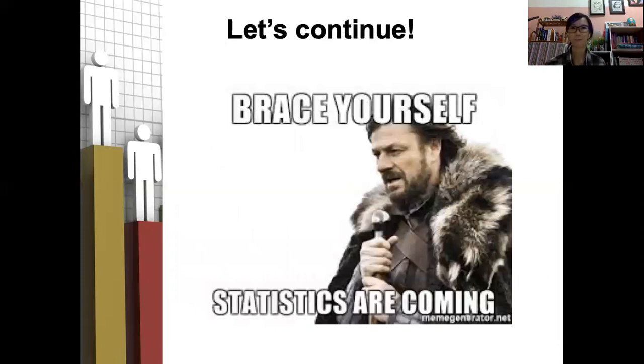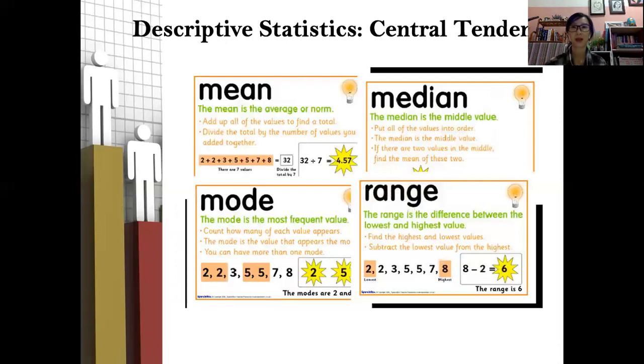Let's continue then. In this book, you have quite a lot of basic concepts, but of course, not all should be discussed this time around for the introduction.